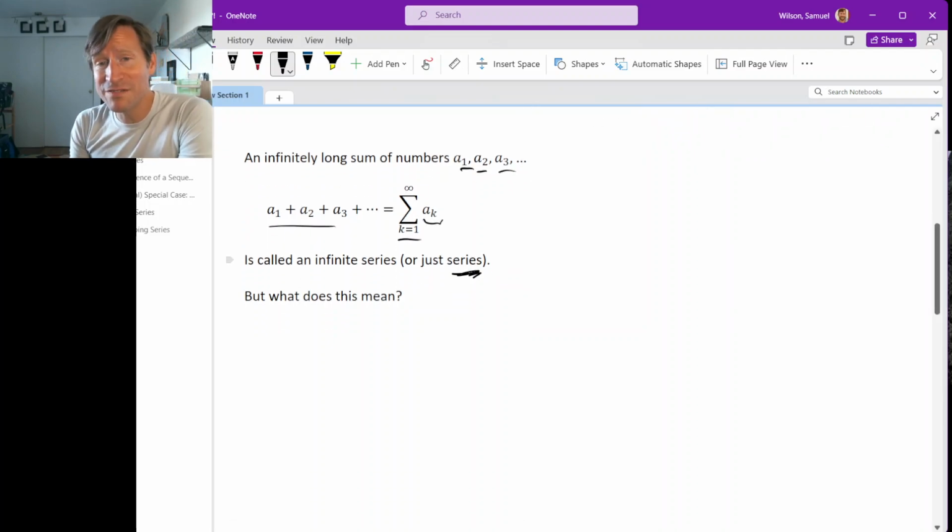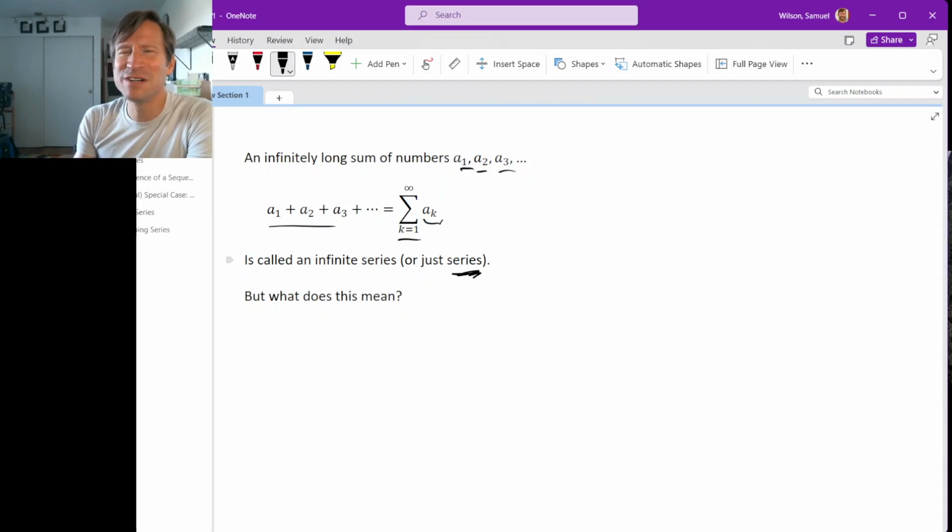The way that we'll give this some meaning is using our intuitive idea of how you would compute such a thing. I mean, how would you compute such a thing?